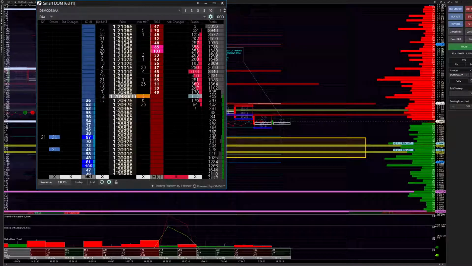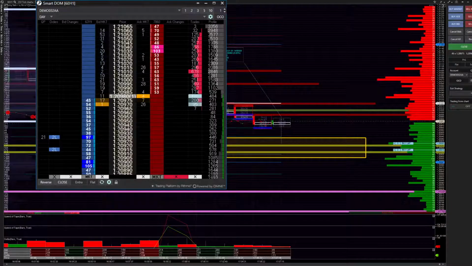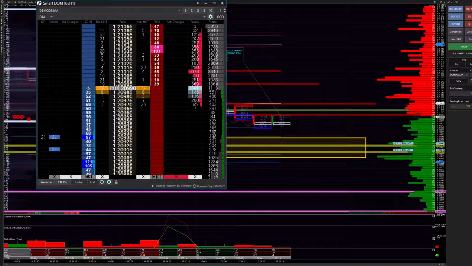Now it's 97 pending orders. That's a good sign because it reflects that somebody's looking at that price. It has somebody's attention, and that's why it has very high liquidity available.